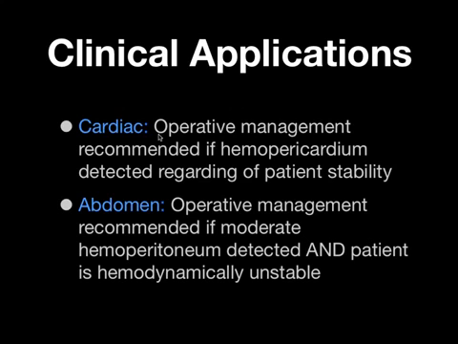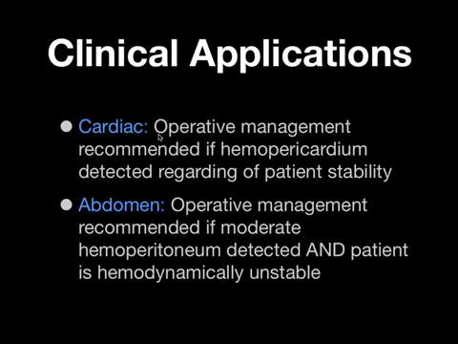Does the negative pericardial window rule out a cardiac injury? No. There's no definitive literature on what to do with those patients, but at a minimum, serial exam is going to be warranted. How long that serial examination period would need to be is unknown.